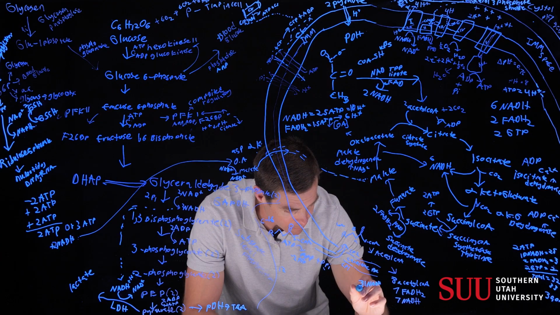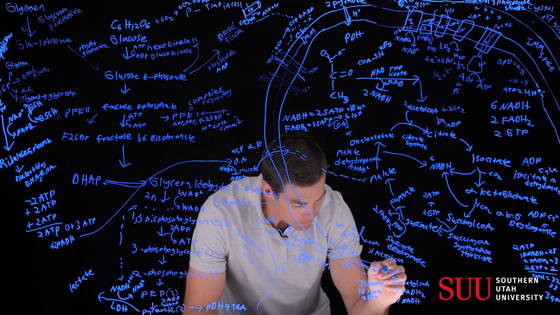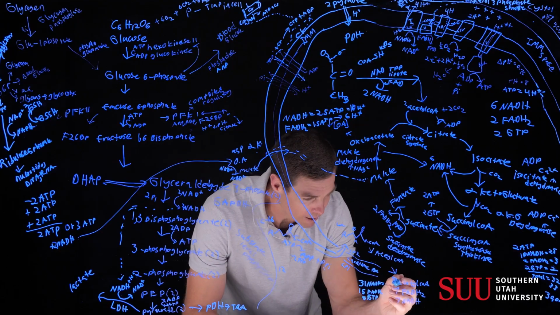Then we'll have a total of 15 FADH₂s. And we'll have a total of 8 GTP. So this is going to give us 77.5 ATP, right?